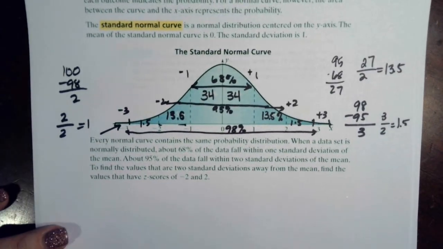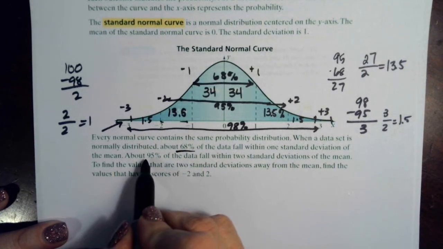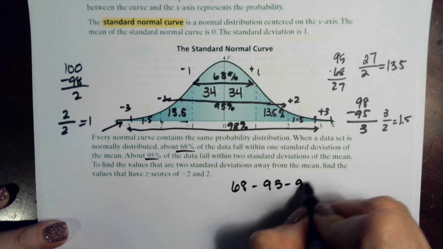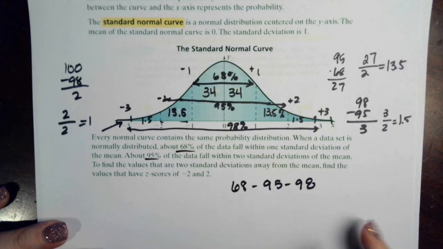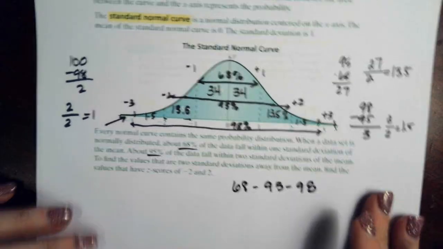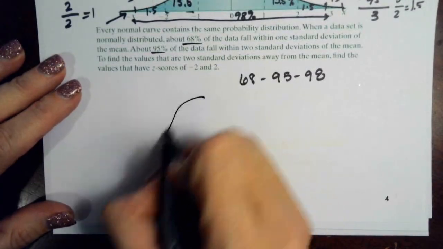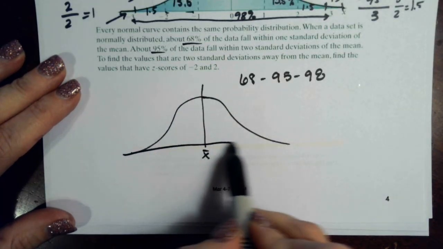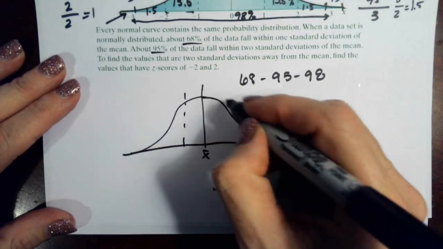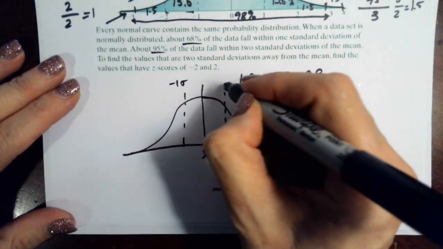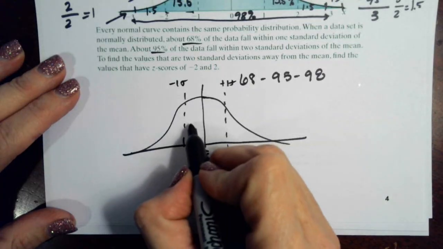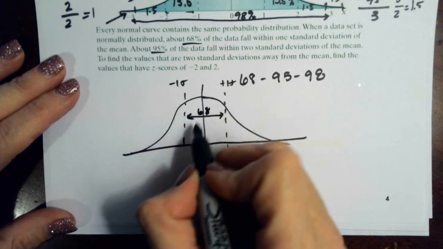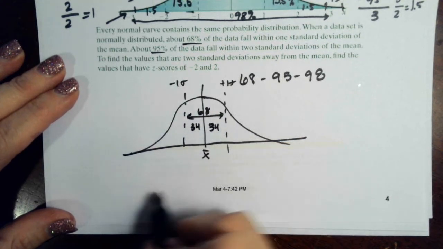Okay, so the numbers that you have to remember are going to be 68, 95, and 98. Remember those. When you draw the normal distribution curve, and it doesn't have to be pretty, your mean always goes smack dab in the middle. Okay, one deviation below and above is going to give us the 68%. So this is 68%, 34 and 34.